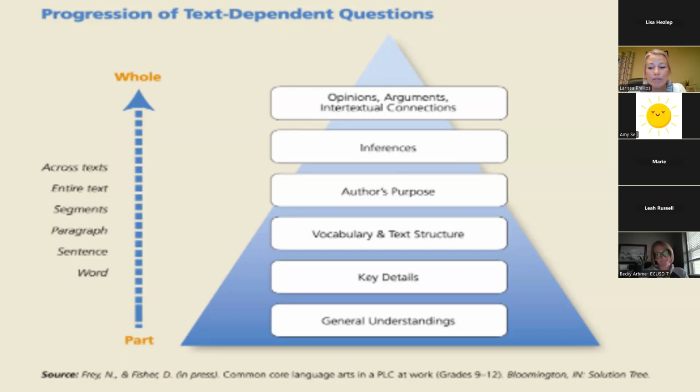For example, what does the author mean by this phrase? Or how does this paragraph help develop the main idea? By zooming in on those key details after building that global understanding, students are more likely to make those connections between parts and the whole.